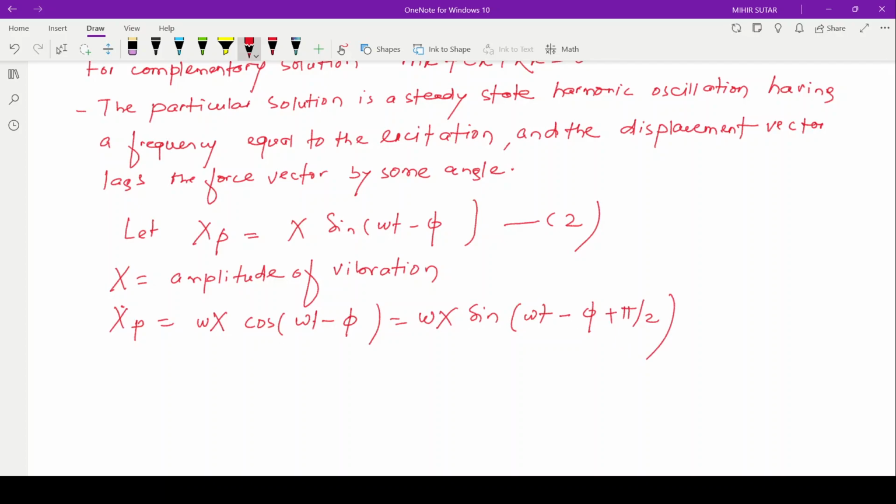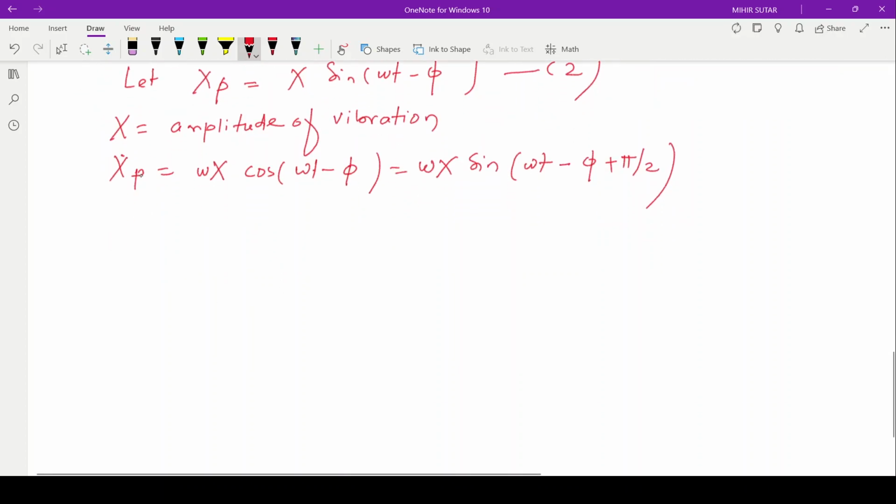We can write in this way. So this is the velocity, and x double dot p is basically omega square x sin omega t minus phi plus pi.